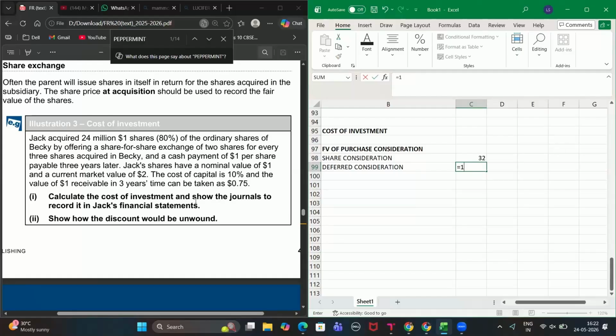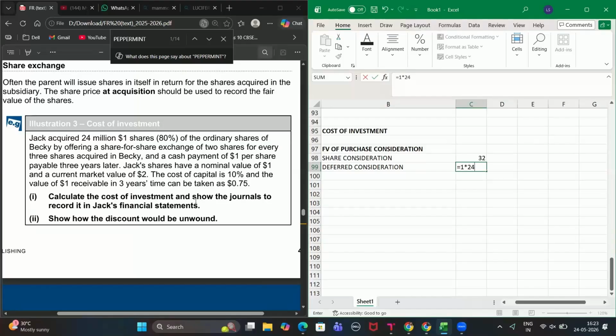It's $1 into how many shares have we acquired? We have acquired 24 million shares of Becky. This is the cash consideration that we will be paying after 3 years.